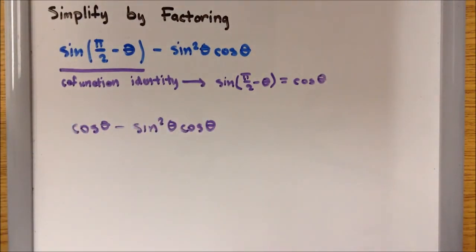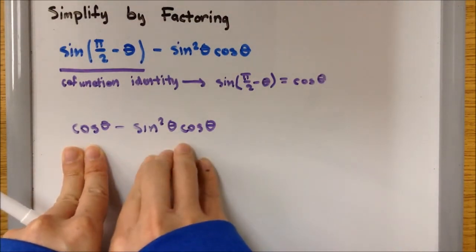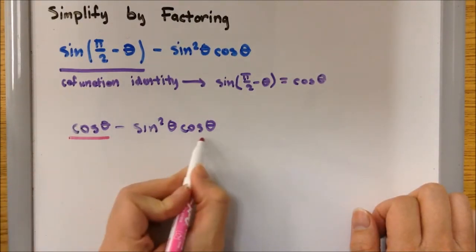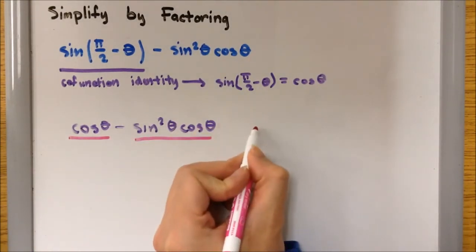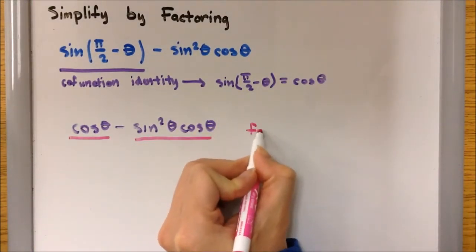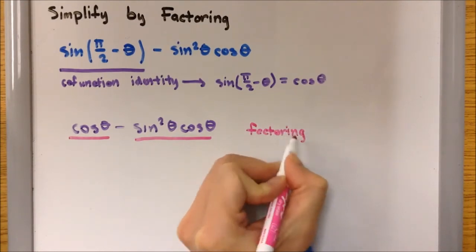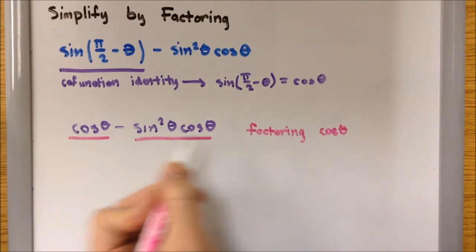Now, here I would factor out the common factor. So here's the first part and here's the second part. They both have cosine. So here, I'm just simply factoring out cosine theta because they both have cosine.